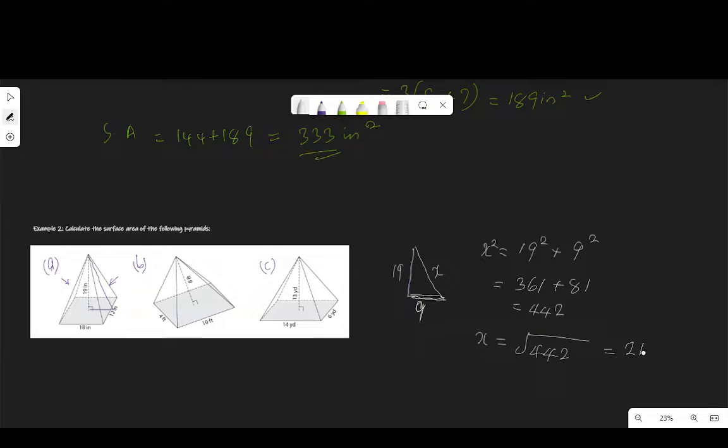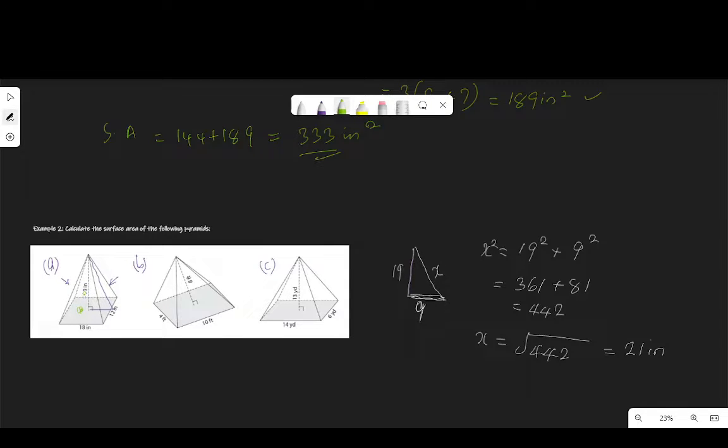So the height of this triangle is 21 inches approximately. And remember that this triangle, whose height we just calculated, this one here and this one here, are exactly the same.